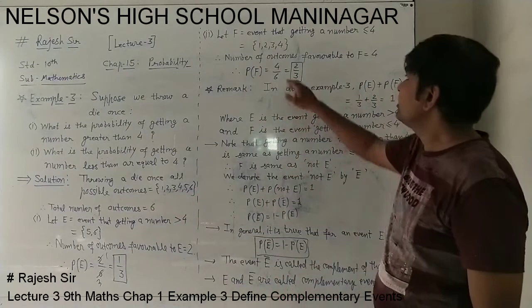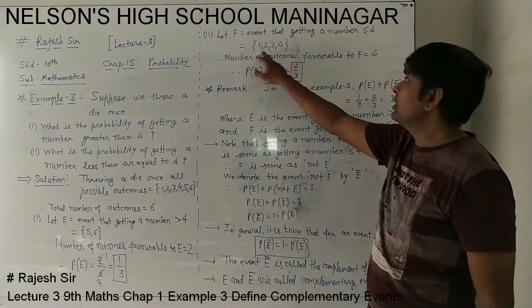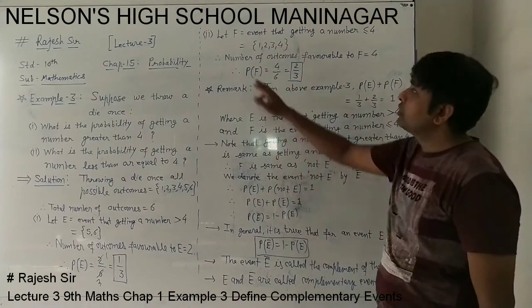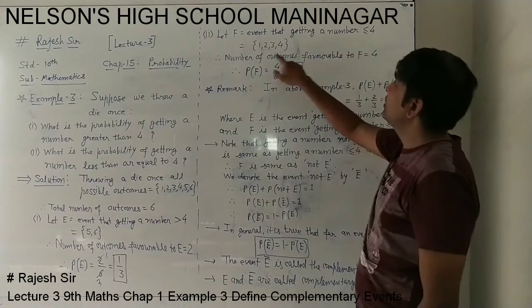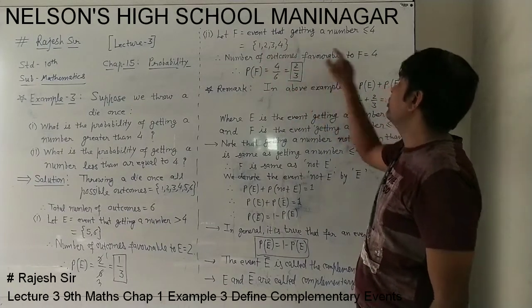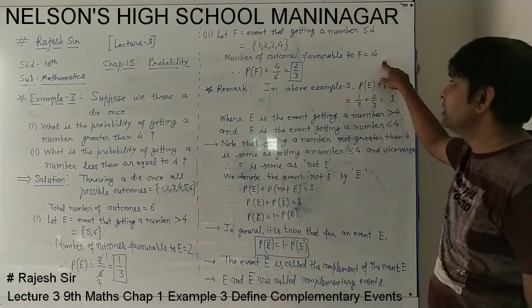These are the numbers, and all are less than or equal to 4. So the number of outcomes favorable to F is 4.